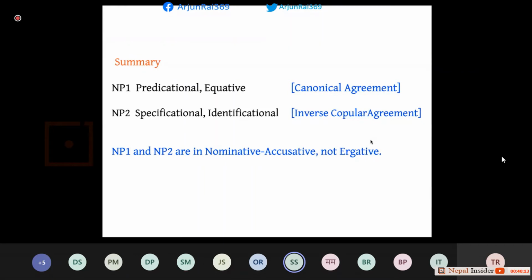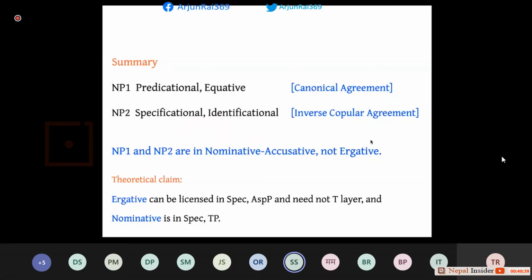Whereas in the specificational and identificational, the verb agrees with NP2, which we call inverse copular agreement. Now, also let us note, since we are working mostly with non-verbal or copular predicates, NP1 and NP2 are either in nominative or accusative case and they are not in the ergative case.